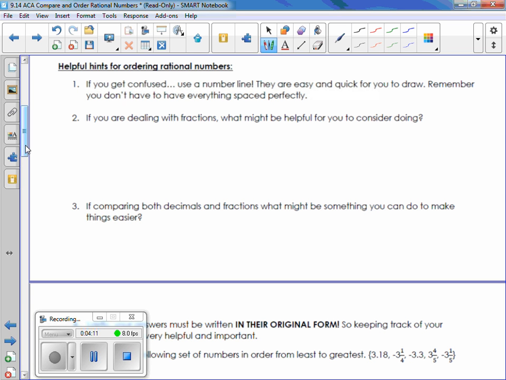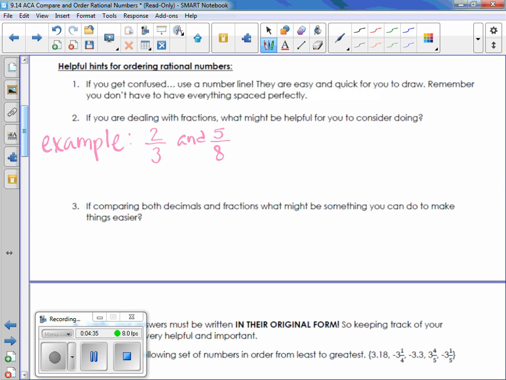The second step is, if you're dealing with fractions, what might be helpful to consider doing. So I'm going to give us an example with two fractions. Let's say that we're trying to compare 2/3 and 5/8.